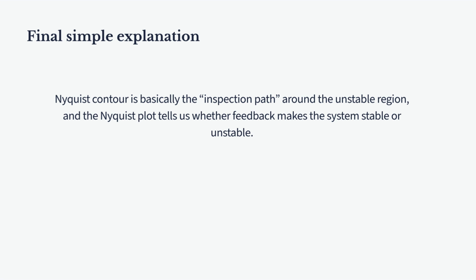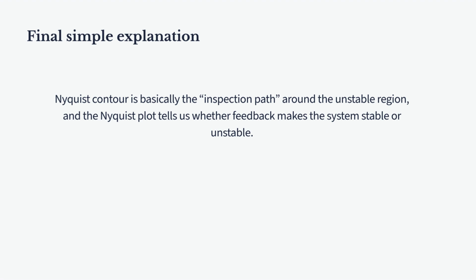To summarize, the Nyquist contour is a path drawn around the unstable region in the S plane. When we pass this contour through G(s)H(s), we get the Nyquist plot. Then we check the Nyquist plot around the critical point minus 1 plus j0.